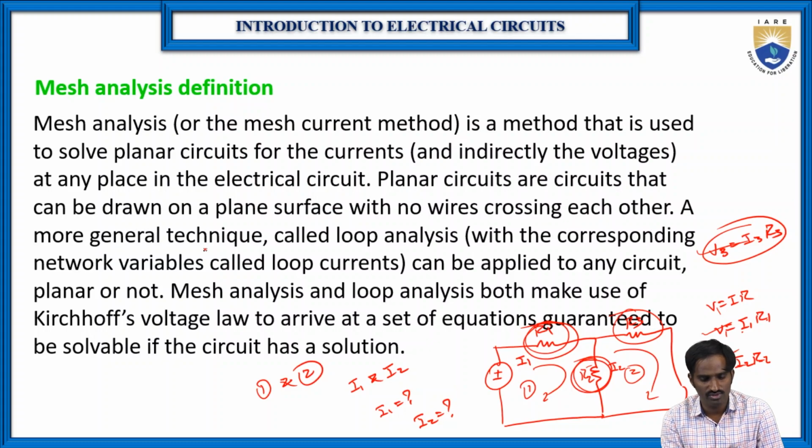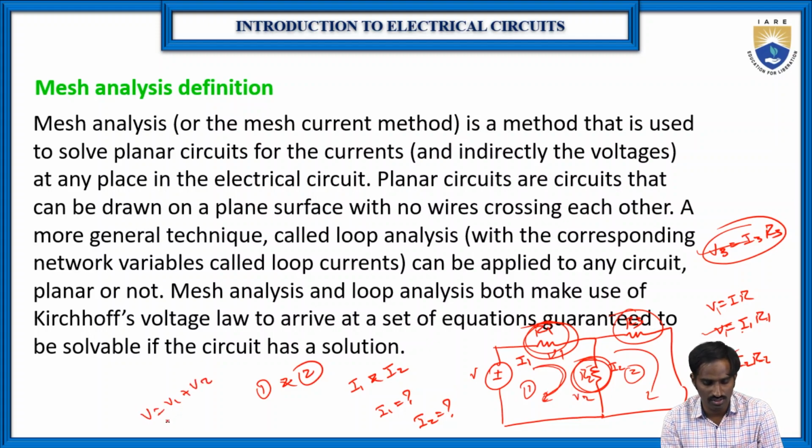A more general technique, which we sometimes call loop analysis, can be applied to any circuit, planar or not. Mesh analysis and loop analysis both make use of Kirchhoff's voltage law. Of course, here again, how can we write this loop equation? The same way: here let us consider V1 and V2, so V is equal to V1 plus V2.